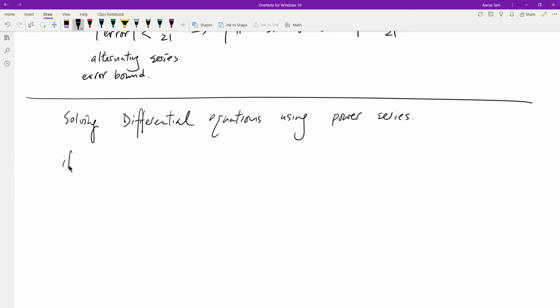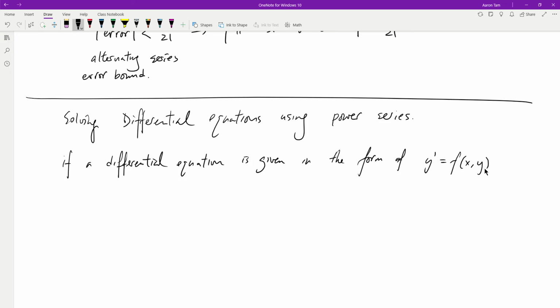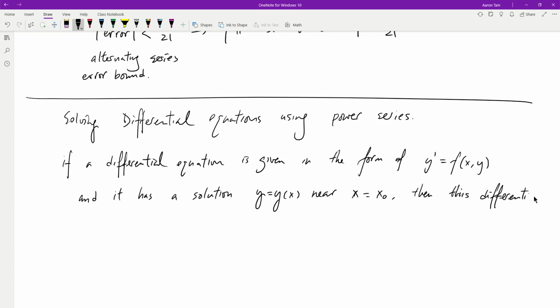To do that, this is how it works. If a differential equation is given in the form of y prime is equal to f of x, y, and let's say it has a solution y equal to y of x near some center point x equal to x of 0, then this differential equation actually becomes a way for us to generate higher derivatives of y.